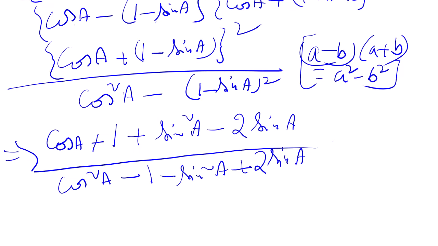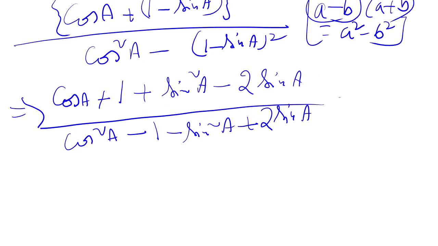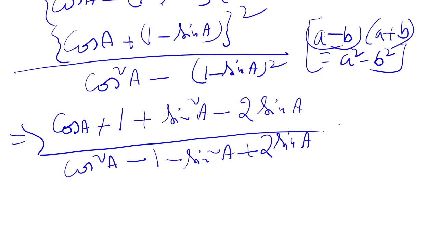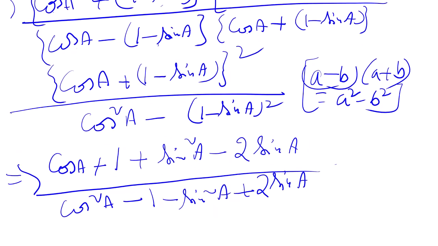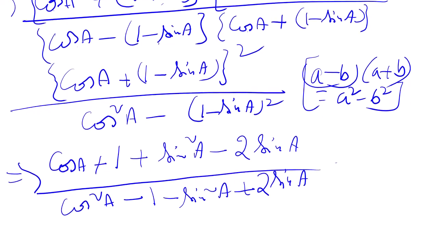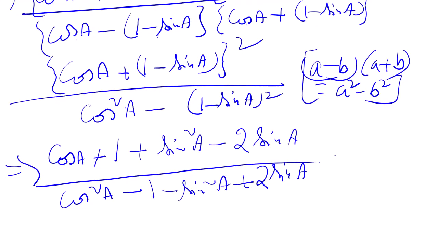Okay, so now this sin square A can be written as... this is actually cos square A. So this cos square A plus sin square A is 1.